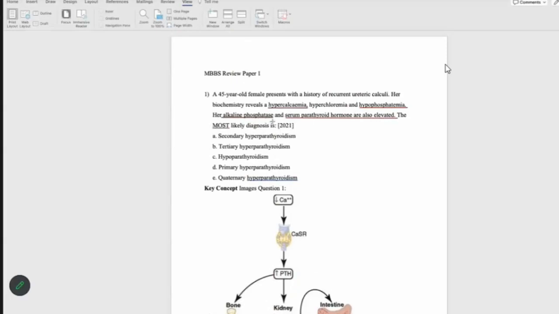So right off the bat, we'll have an idea that, okay, this particular question is referencing some form of hyperparathyroidism, right? So we can rule out option C, which said hypoparathyroidism. It's definitely not that. We know it's something hyper-related, right? Now, the next thing that we can cross off the list is quaternary hyperparathyroidism.